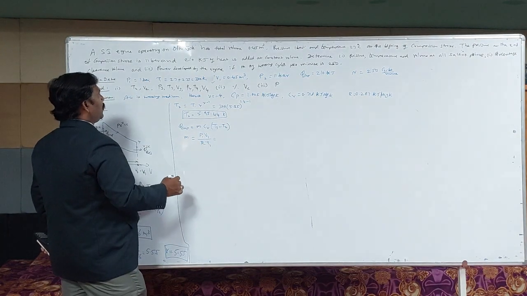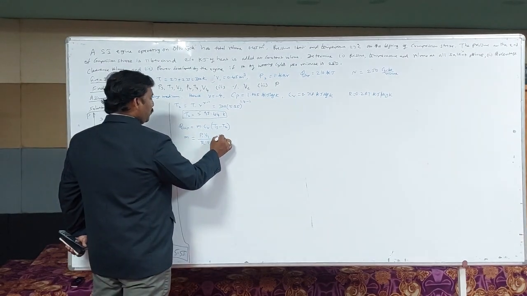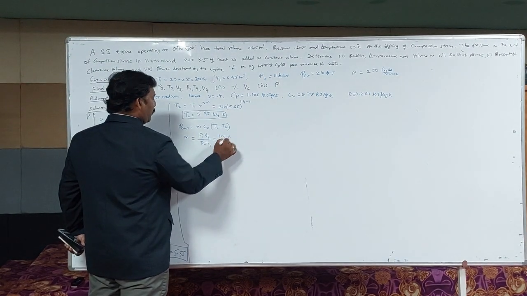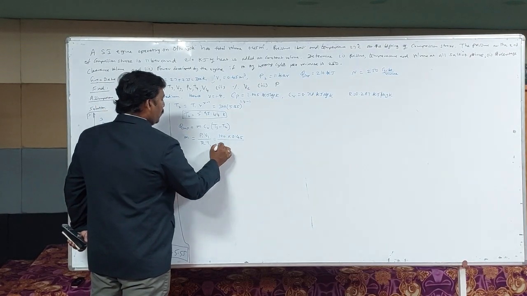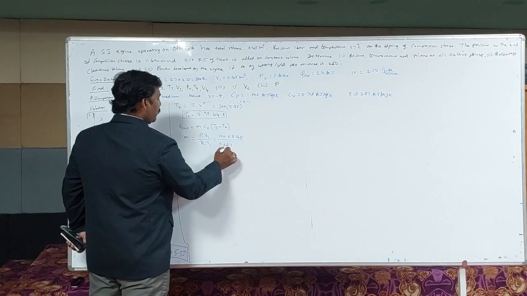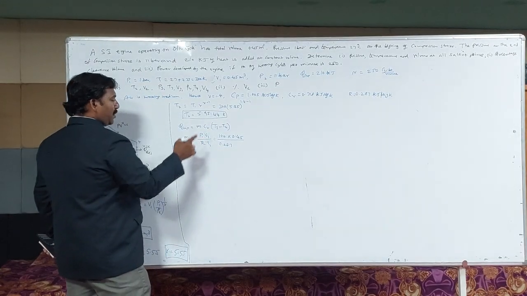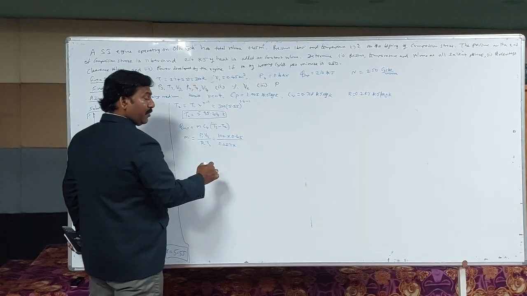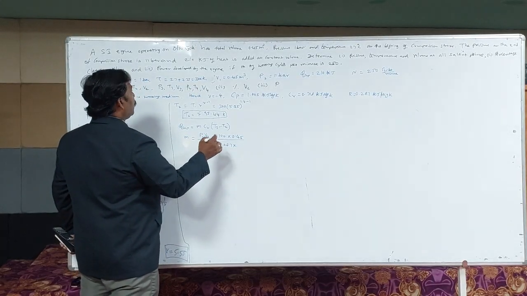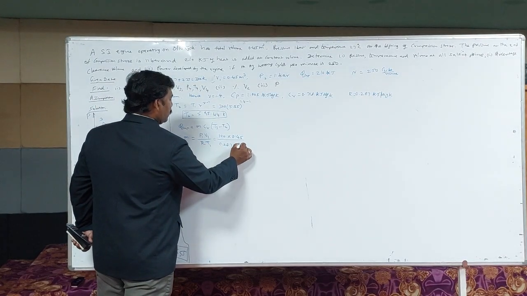M is equal to P1 V1 divided by R T1. The pressure at initial stage is 1 bar, that I am substituting in terms of kilopascal. So 100 kilopascal into V1 is 0.45 meter cube and R is 0.287 kilojoule per kilogram Kelvin, and T1 is 300 Kelvin.